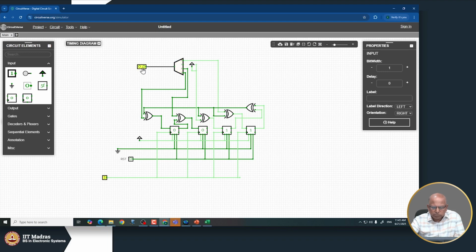Then I will change the input to 01 and apply another clock. So it went to 0010 state. Then I will put 10 and apply another clock. It went to 1101 state. And now finally 11.